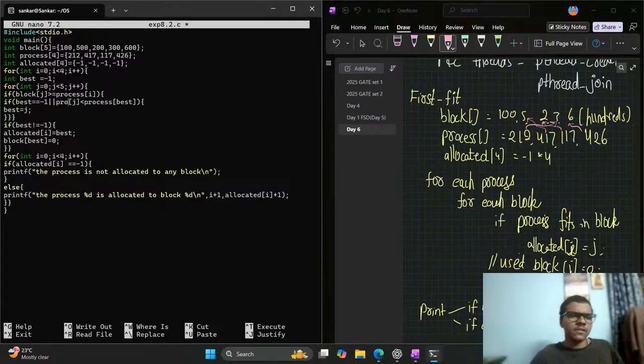Block of j is less than block of best. If block of j, what is block of j? Block of 0 less than.